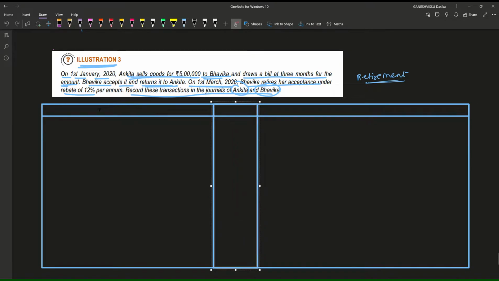Here let us have ledger folio, that means LF number. This is for particulars, the entry would be for particulars. And let us have the same thing in the other case also. Don't confuse, I am not drawing the ledger folio column. I am having here the journal for both.